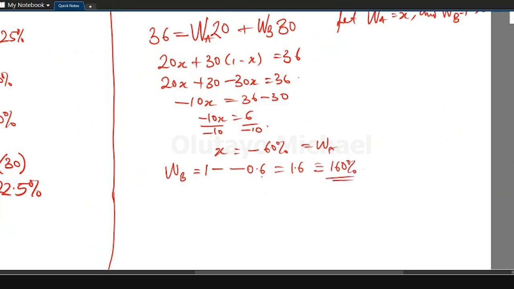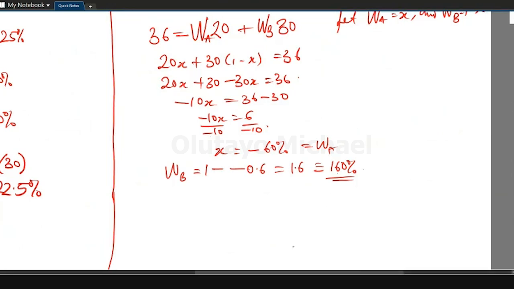That means for us to have a 36% portfolio return, we need not invest in security A at all, but rather increase our capital by 60% and invest only in security B so as to enjoy a 30% return.